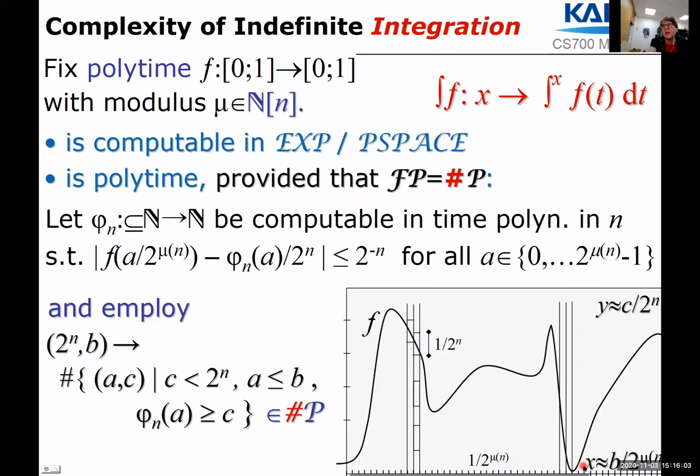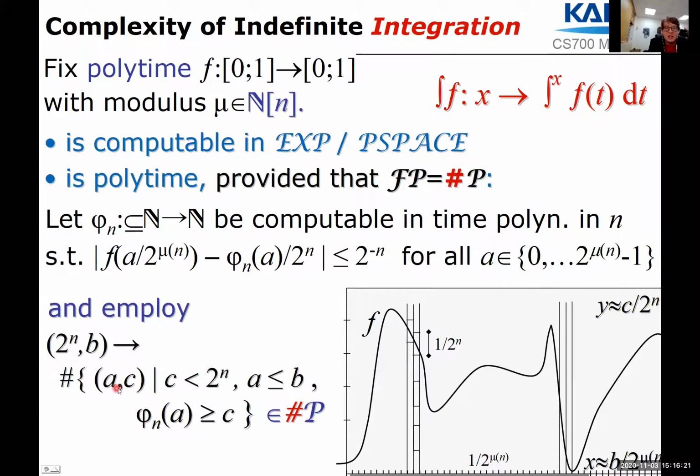On the previous slide, there was a third input to this decision problem, namely c. Does there exist a subinterval where the approximating function exceeds the value c?